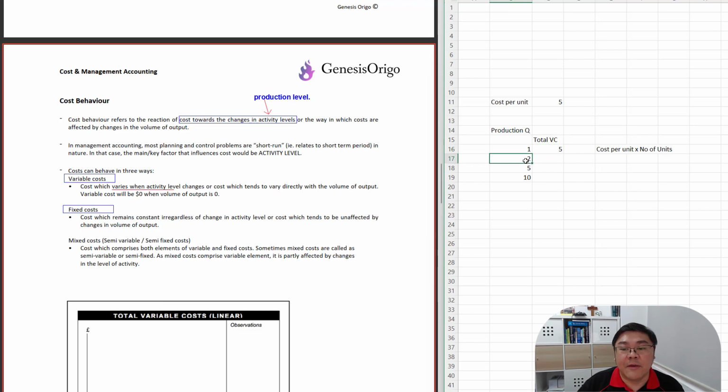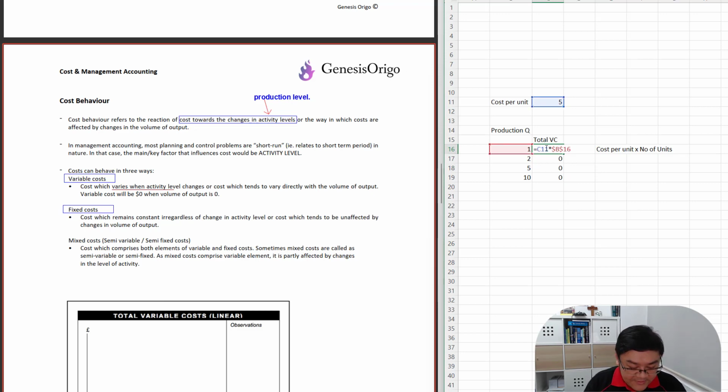So if I'm talking about 2 units times 5, I'm just going to use the same formula, but I want to freeze the cell with the value. You know Excel can autofill, right? If I autofill, wait, did I just make a mistake? Oh, sorry, I froze the wrong one.